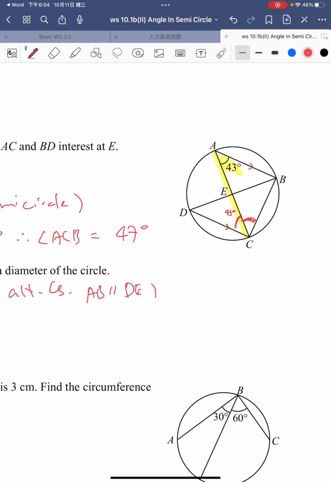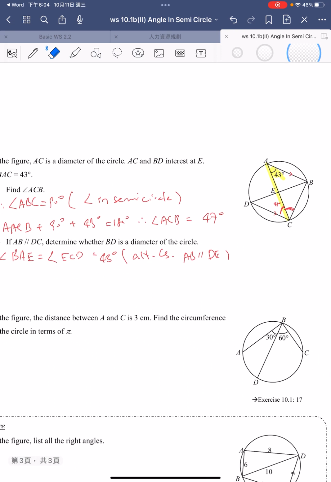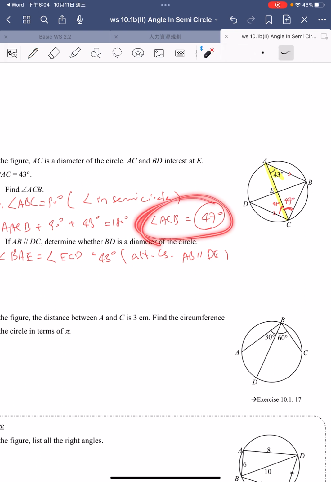Actually, what we have found is the angle ACB. We found that the angle ACB is equal to 47, so we can locate this as 47 degrees. We found it in part 1 that the angle ACB is equal to 47 degrees.